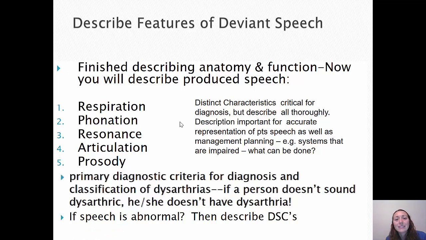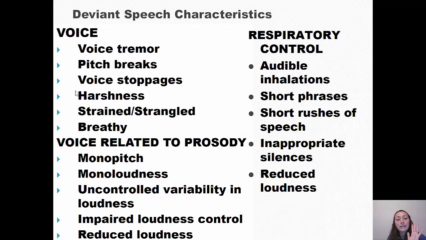If the patient perceptually does not seem to have dysarthria, they don't have dysarthria, because one of the primary diagnostic criteria for diagnosing dysarthria is the perceptual characteristics of the deviant speech. So if you're not seeing deviant speech characteristics in respiration, phonation, resonance, articulation, or prosody, in one or all of those areas, the patient does not have dysarthria. So if the person's speech is abnormal, we have to define those deviant speech characteristics in those 5 domain areas.